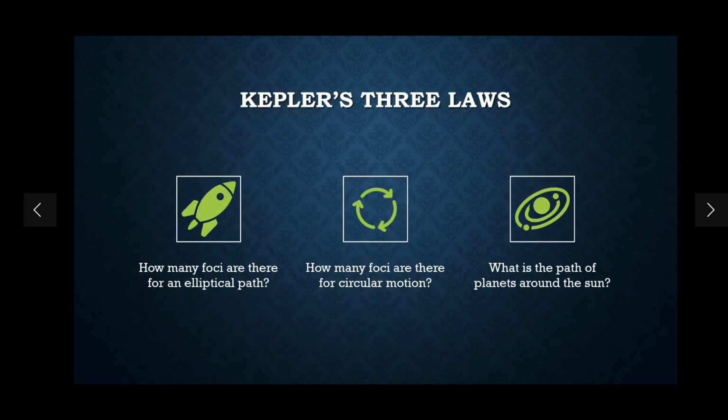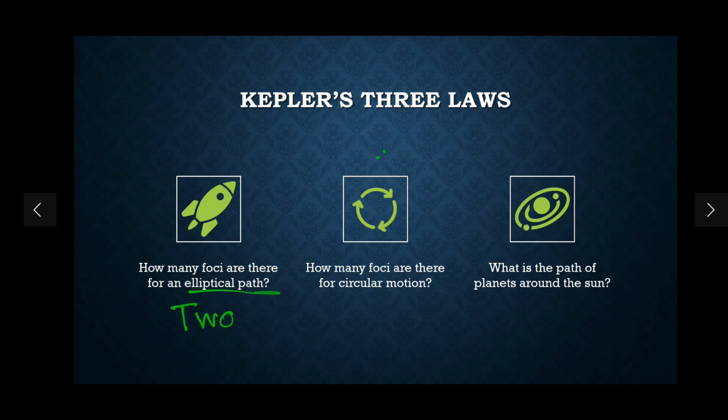Let's answer some questions about Kepler's first law. How many foci are there for an elliptical path? Or we could say, how many technically centers are there for an elliptical path? None. Or 2. We have 2 centers for an elliptical path. How many foci are there for a circular motion?